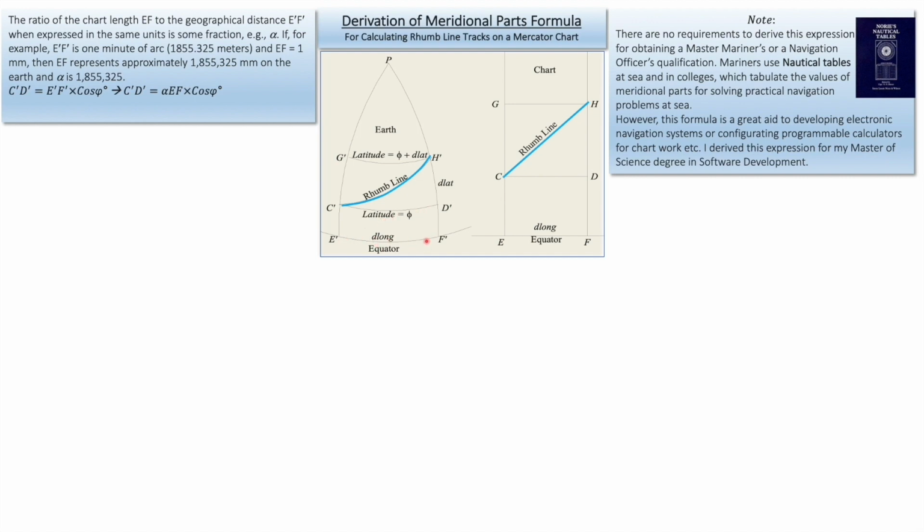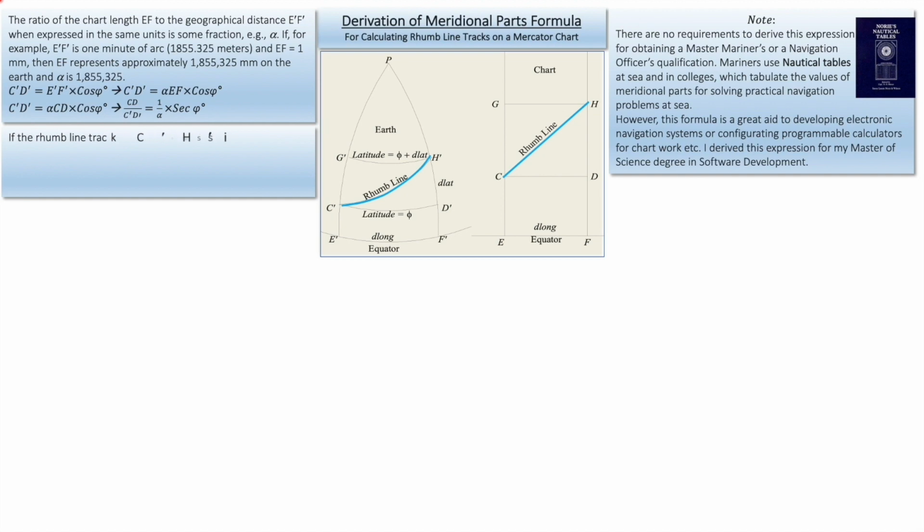Since EF is equal to CD on the chart, the expression becomes C prime D prime equal to alpha times CD times cos of phi. And after a small algebraic transposition, the expression can be written as CD divided by C prime D prime equal to 1 divided by alpha times secant of phi.